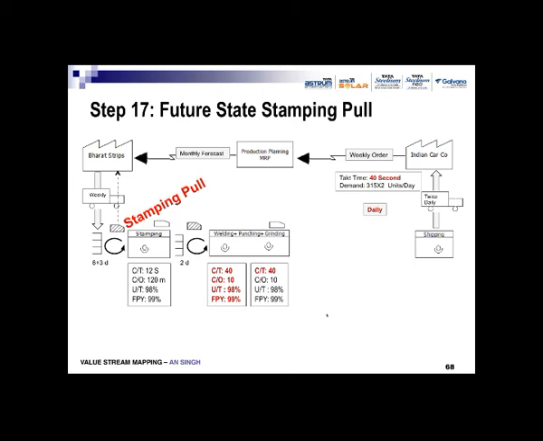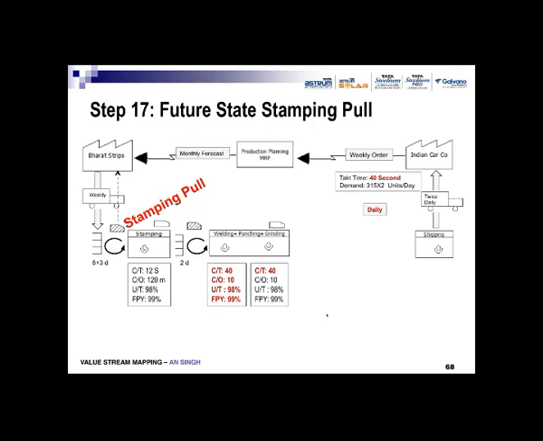So instead of running stamping all the 8 hours, it is operated for just 2 hours and fills up the supermarket box, because that's good enough for welding, punching and grinding operation.